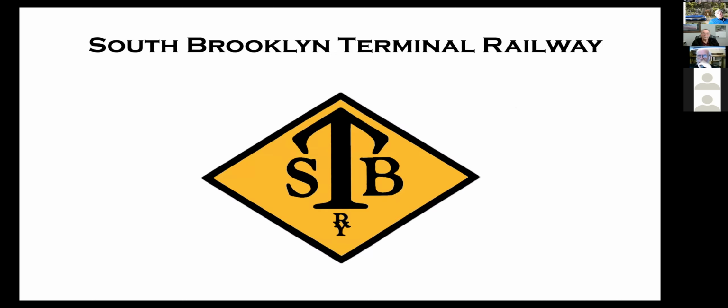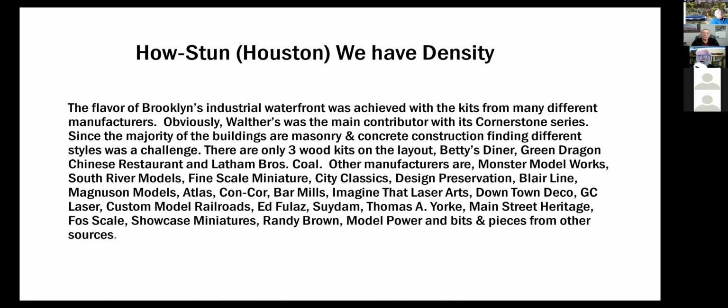South Brooklyn Terminal Herald. So Houston, or as they say in New York, Houston Street. I tried to get the flavor of Brooklyn, and most everything was masonry or brick, and that required a lot of different manufacturers.